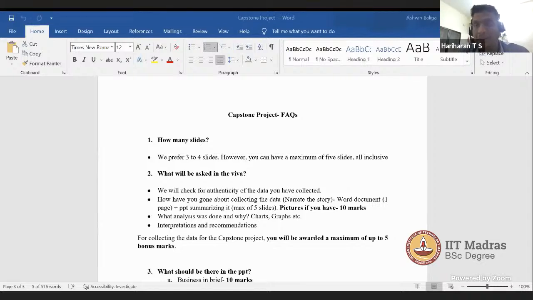Despite the fact that coronavirus was wreaking havoc in their places, they were able to somehow collect the data and make some very good presentations. We were thoroughly impressed by the presentations made by the previous students, of which around 9 have been put in the portal, which you can also verify.